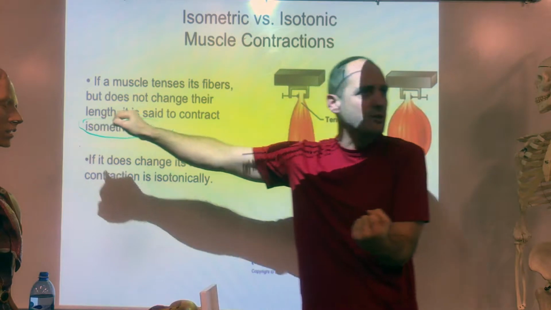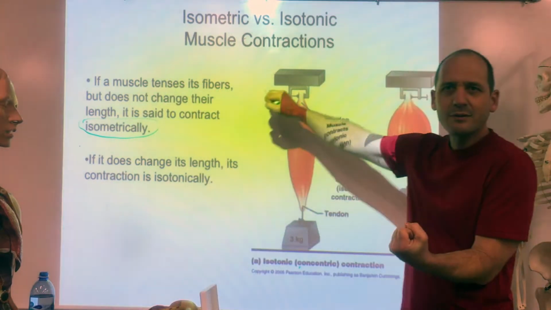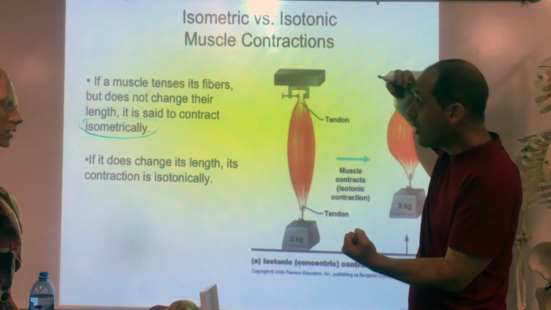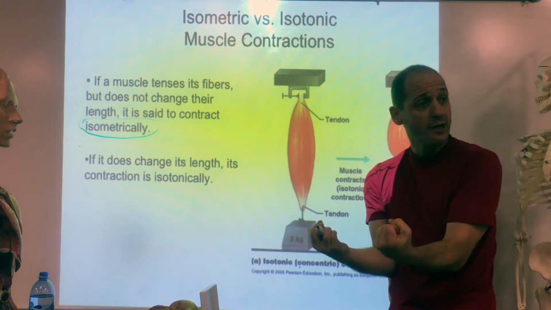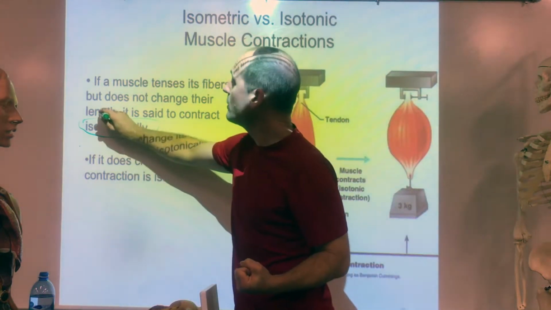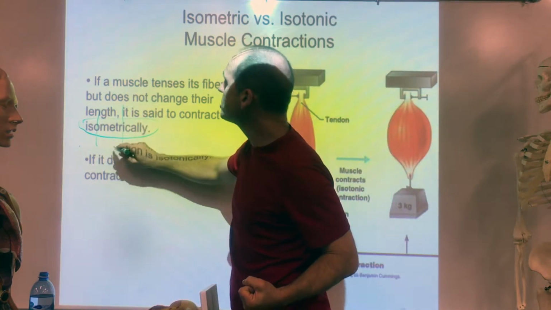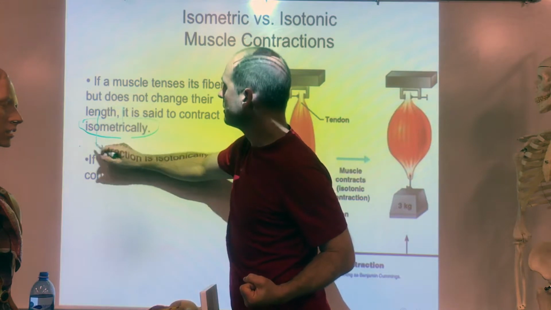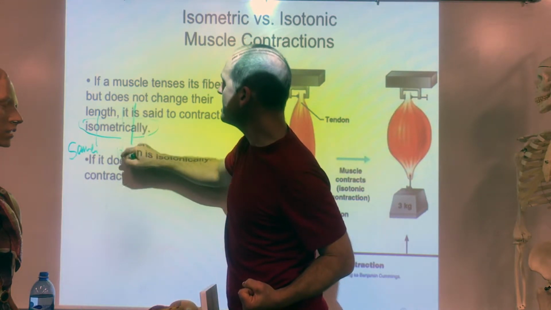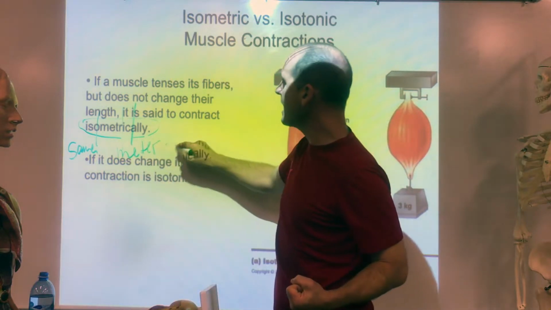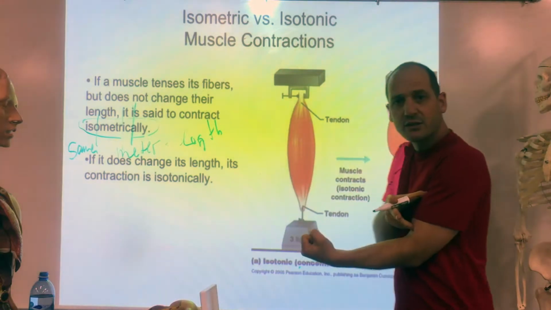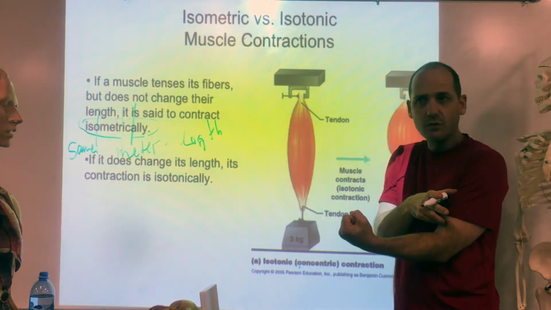Have you heard of that before? Isometric, isotonic? Gym people? So holding a thing posturally, or just holding it, is an isometric contraction, because when we look at the word, iso means same, metric means meter, which means length, which means the length of the muscle stays the same.